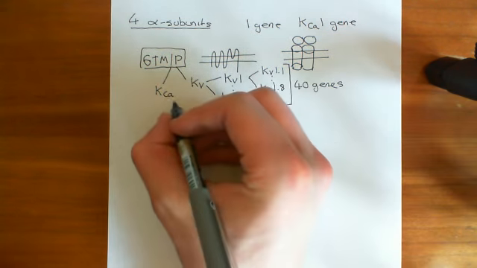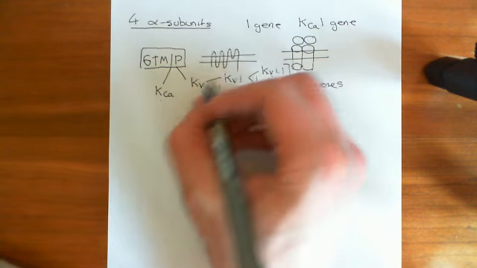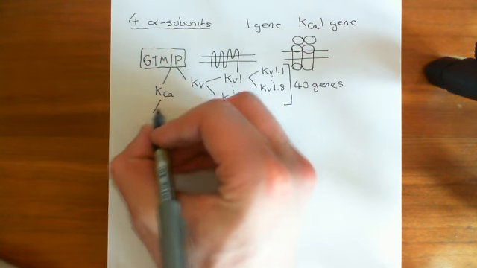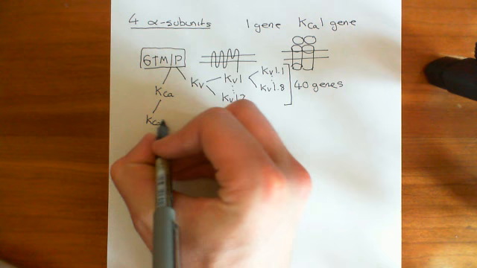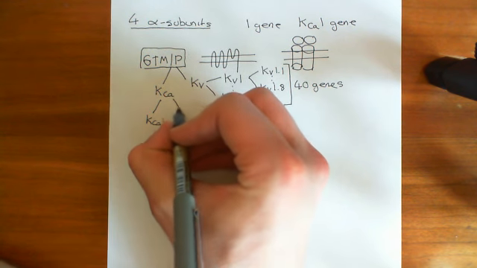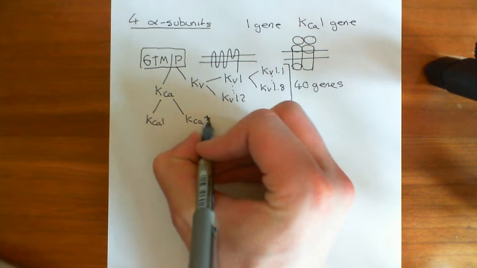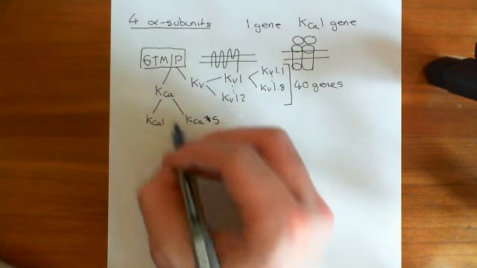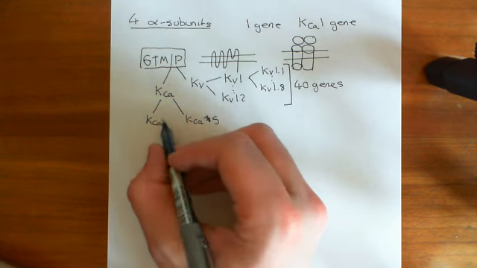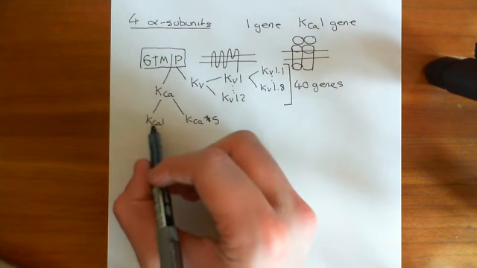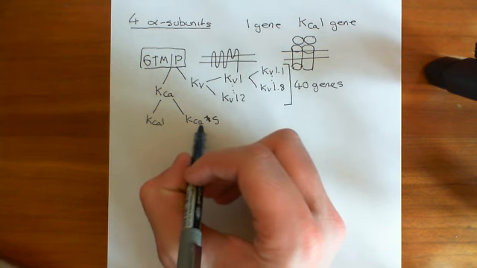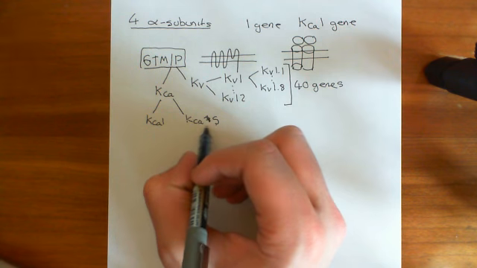Okay, KCAs, there are fewer that are known. There's KCA1, and there's only one KCA1, and it goes all the way down to KCA5. The other subclasses, KCA1, KCA2, KCA3, KCA4, KCA5, have more genes.